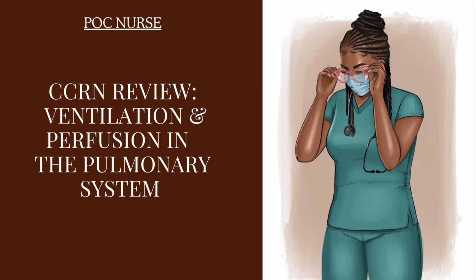It's going to be difficult for that patient to ventilate because the lungs are not so compliant. So there will be resistance, and getting air into the lungs will be difficult.